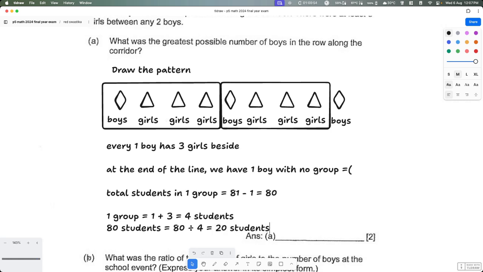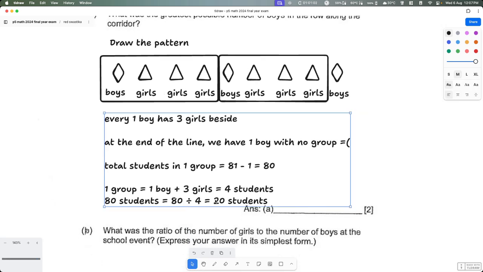One boy plus 3 girls, in this case over here, 4 students. So we know there's 20 groups over here, so 80 students, 20 groups.